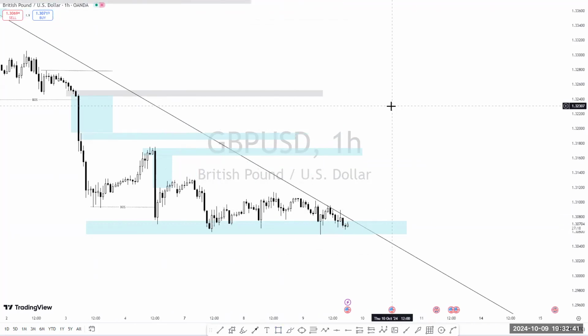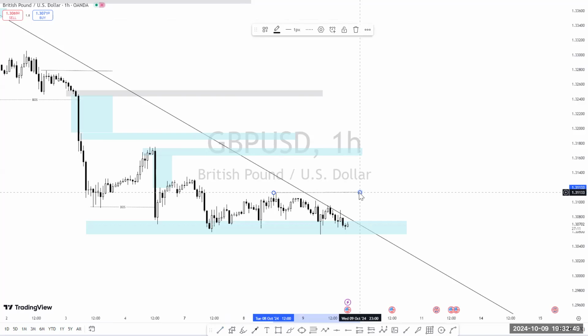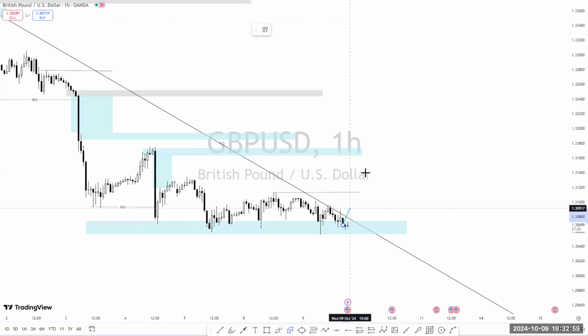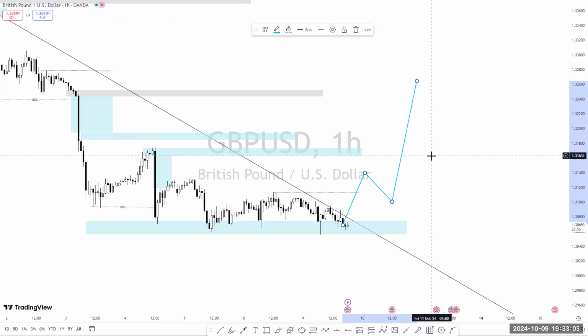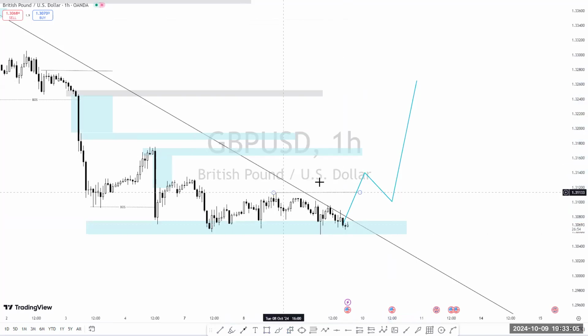If price breaks this trend line, all right, and possibly takes out this particular low, higher low, we have a market shift to the uptrend. But as it is now, our bias is still on a downward trend because price is trying to build up liquidity.